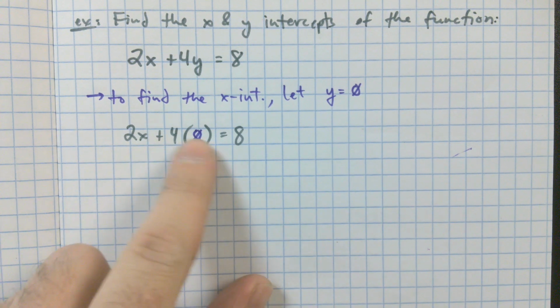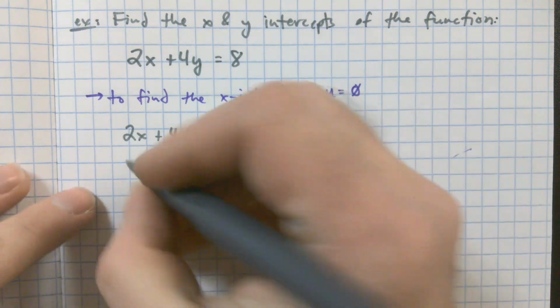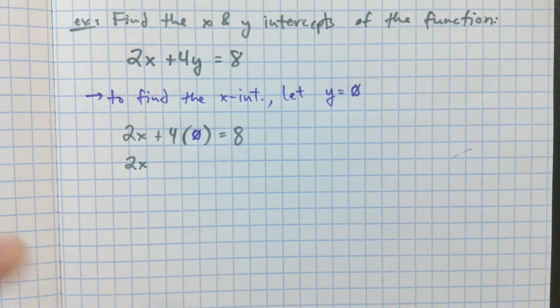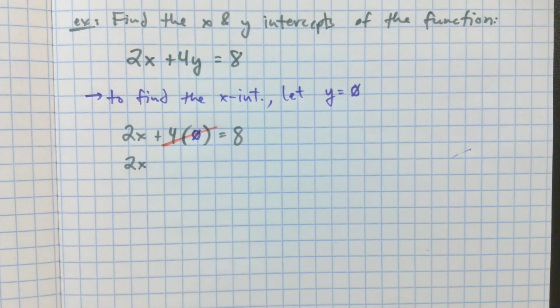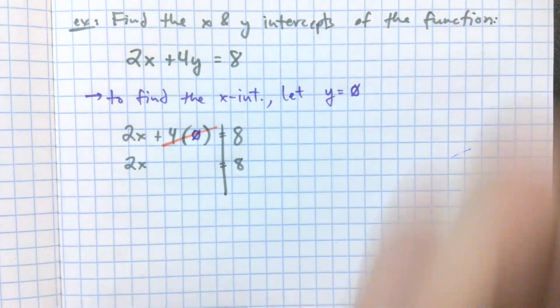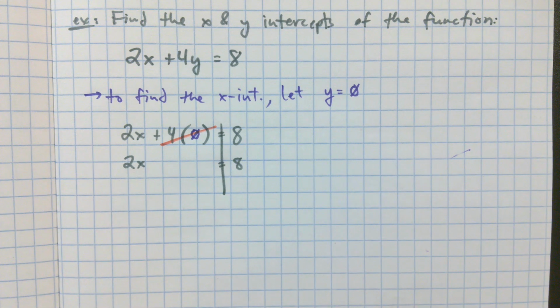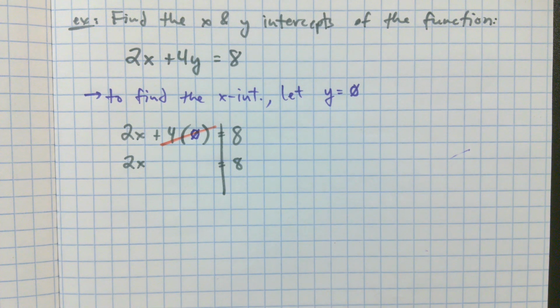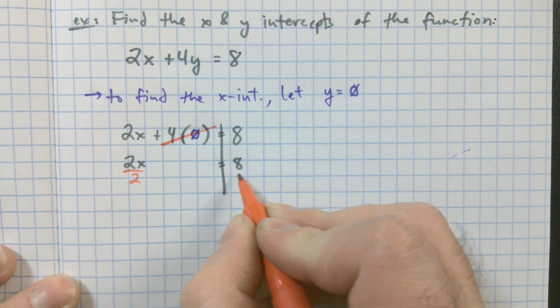What is 4 times 0? 0. So I can just cross it out. And I'm left with 2x equals 8. How can I get x all by itself? Divide both sides by 2.